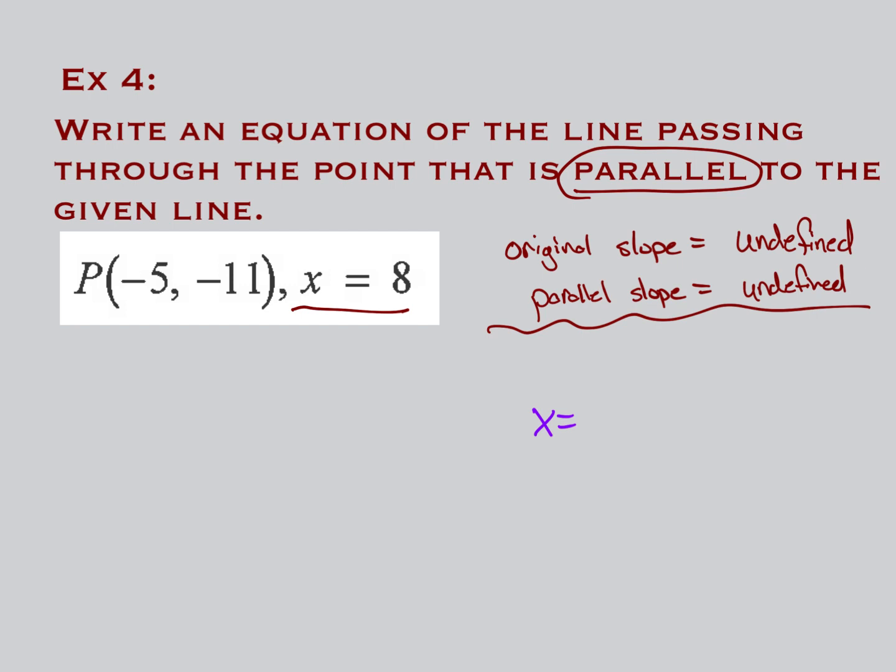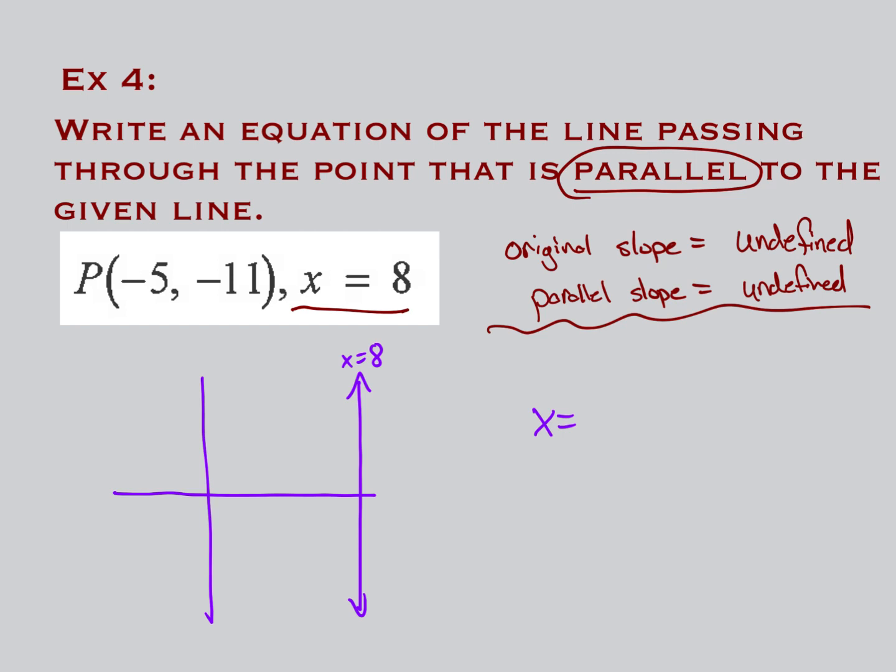Okay. So the way to think about this is the old one was x equals 8. Pay attention, guys. The old one's x equals 8, so it's over here somewhere, right? The other one has got to go through this point, -5, -11. So what do you think the equation is going to be? x equals what?